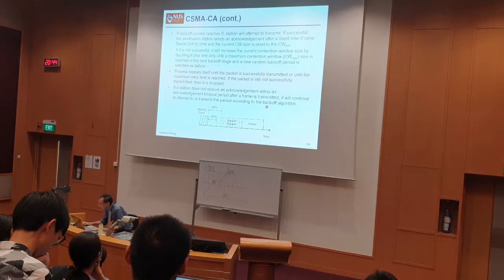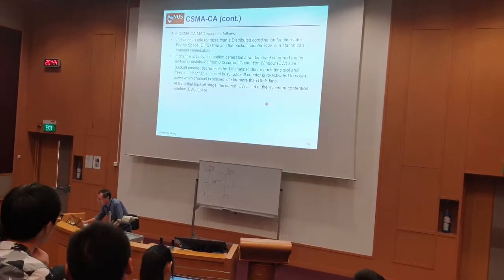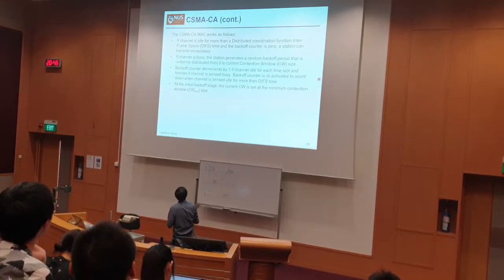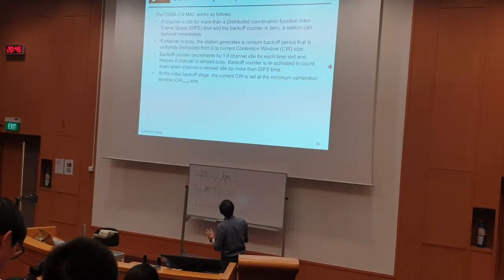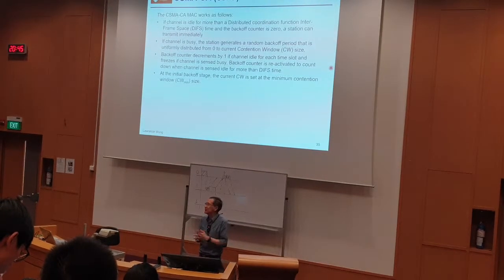We define it here: if a channel is busy, the station generates a random back-off period that is uniformly distributed between 0 to CW, whatever CW is. That's where you get your back-off number.